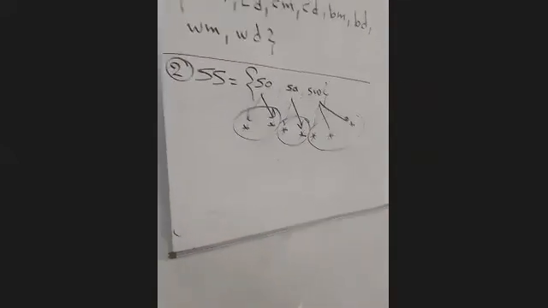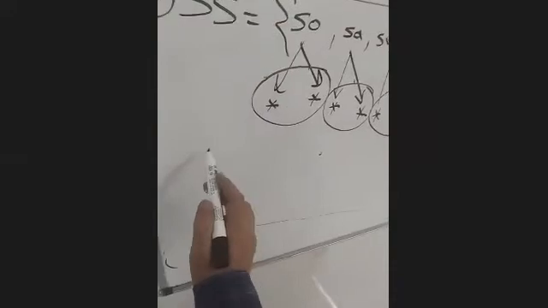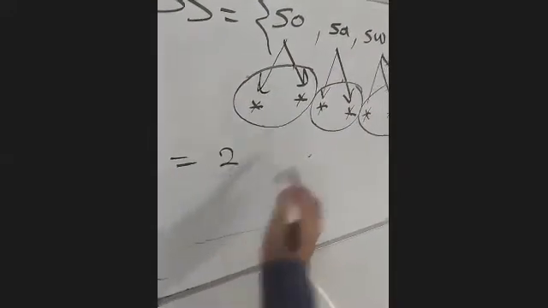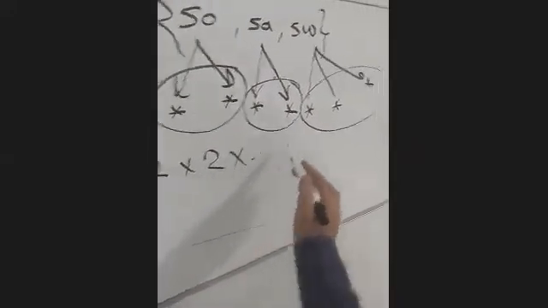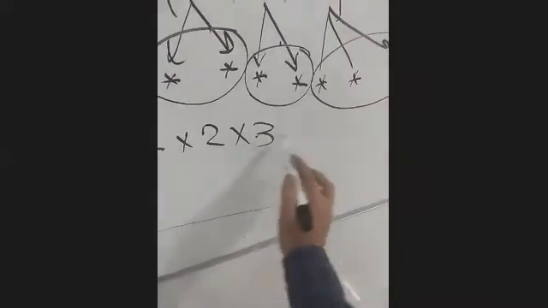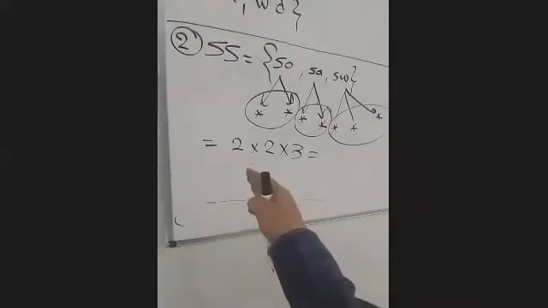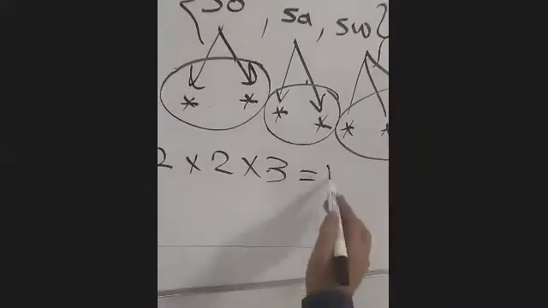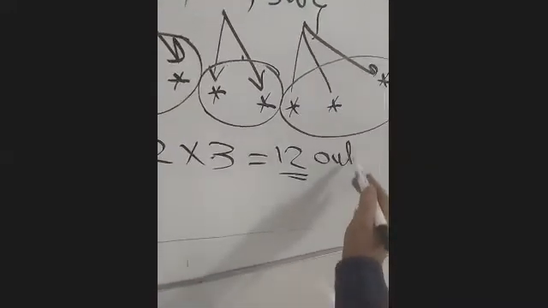So how many outcomes? Here we have 2, here we have 2, and here we have 3. 2 times 2 is 4, multiply 3 is 12. 12 outcomes.